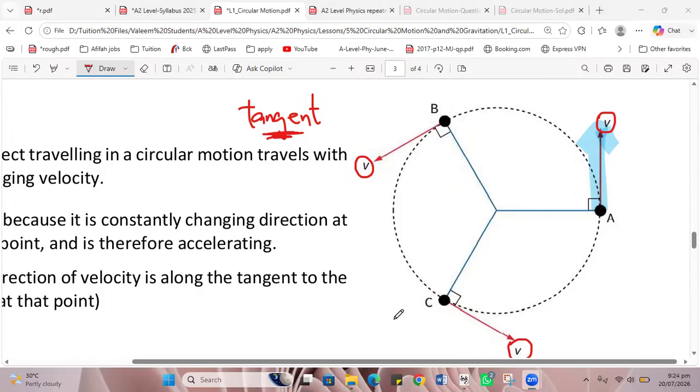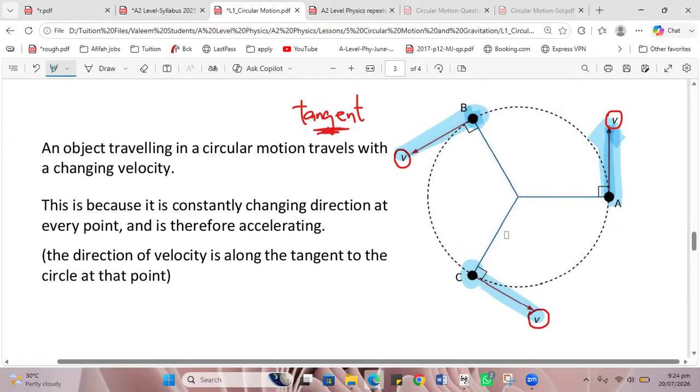For example, at this point, see, this is how linear velocity is. At point B, it's like this. At point C, it's like this. Now notice at every point, the direction of this linear velocity is changing. It's not the same. It's going to be different at every point.